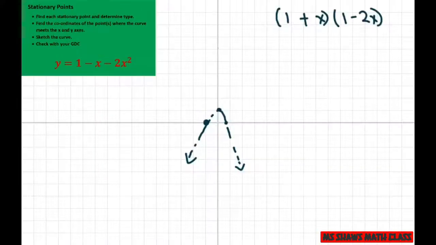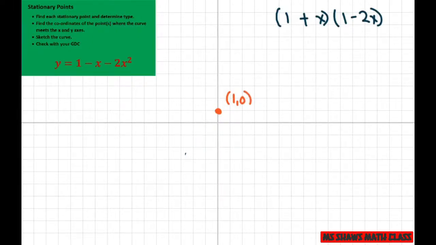All right, so let's sketch it. And I'm going to change this a little bit. So our y-intercept was at 0, 1. Our maximum was negative 1/4, 9/8. So it's about right there.